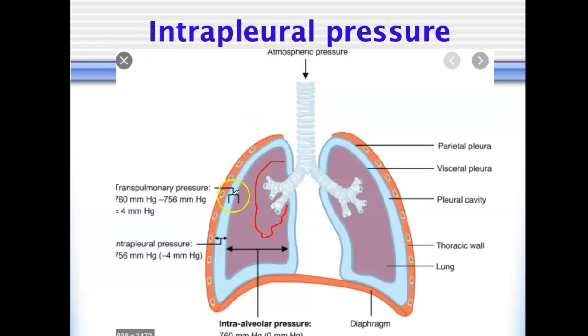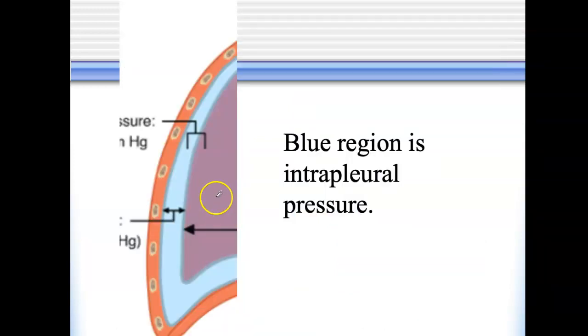So then we know that the negative pressure, the lower of the 2 pressures, needs to be in this region here between the 2 pleura so that it drags it out in that direction and prevents it from looking like a collapsed lung. Okay, so intrapleural pressure is lower.